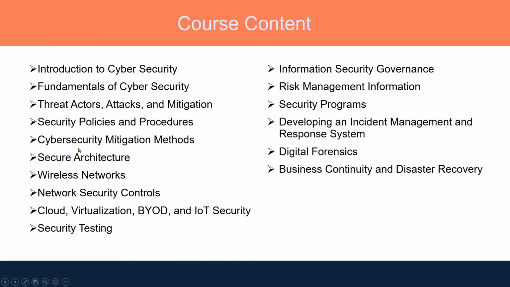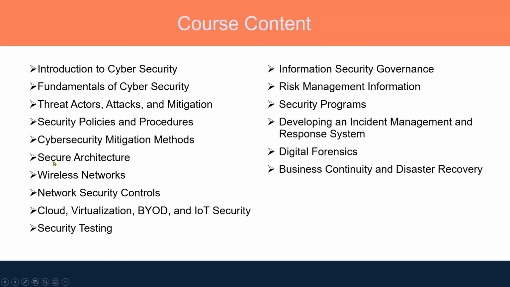If there is any loop in your network, what approach should you follow? What should be the secure architecture? If you are designing the network, what should be the secure architecture? If you are developing software, what should be the secure architecture for developing the software?